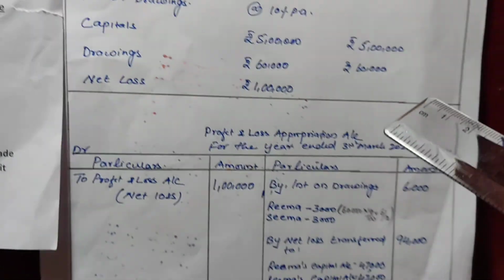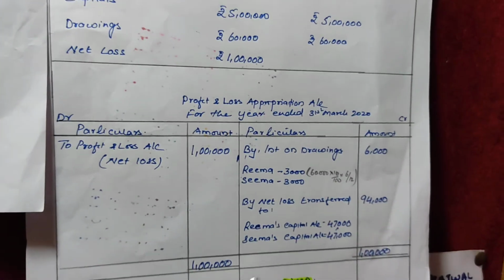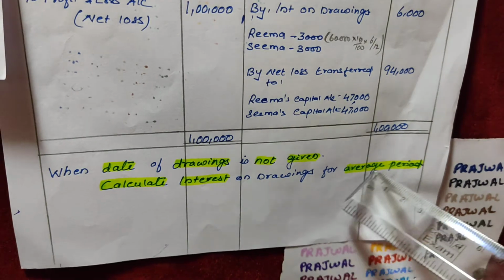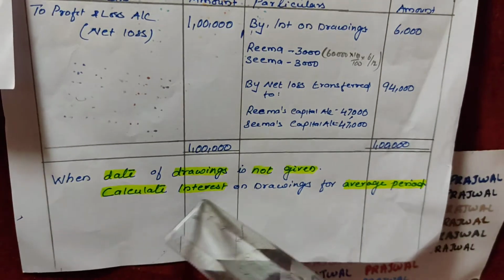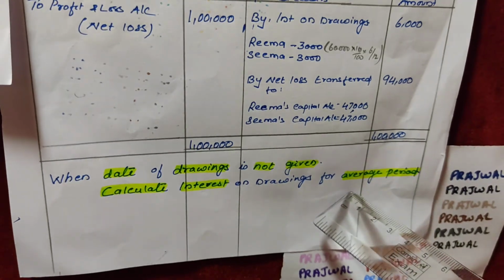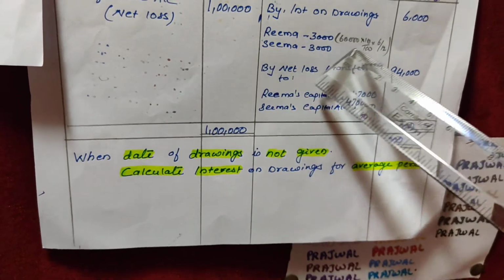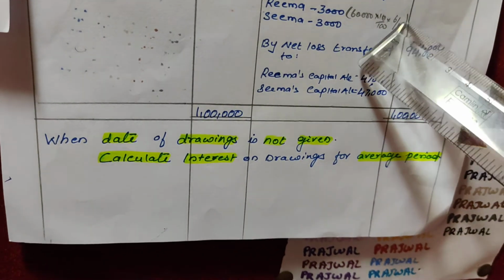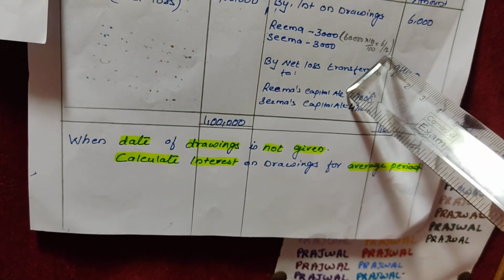So when the date of drawings is not mentioned, in that case we'll calculate the interest on drawings for the average period. So what is your drawing here? 60,000 into 10 upon 100, into 6 upon 12. We'll calculate the interest on drawings for average period.